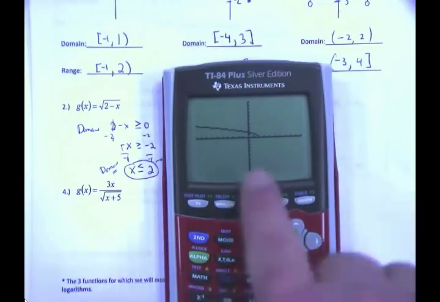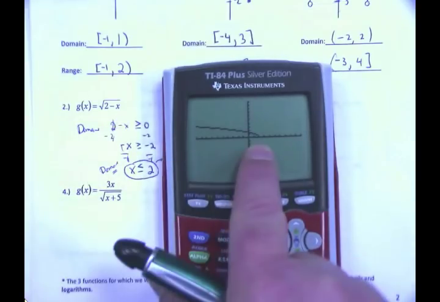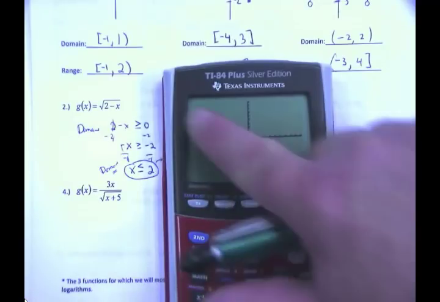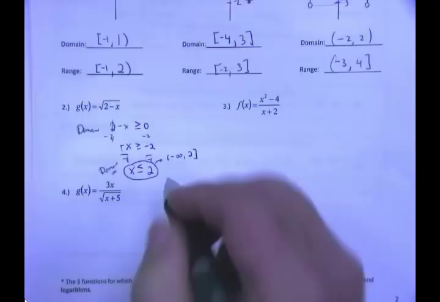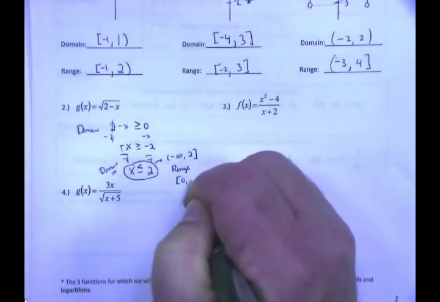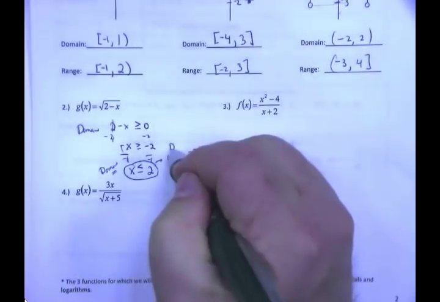Well, there it is. Negative infinity, because it keeps on going, negative infinity all the way up to 2. What's the range? This thing keeps on going, so the only time I look at the y-axis, it is from 0 to infinity. So the range, you're going to be getting it from the calculator, which is bracket 0 to infinity. This is the domain.